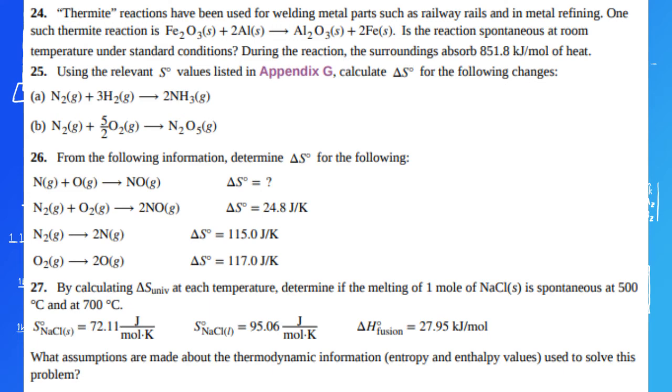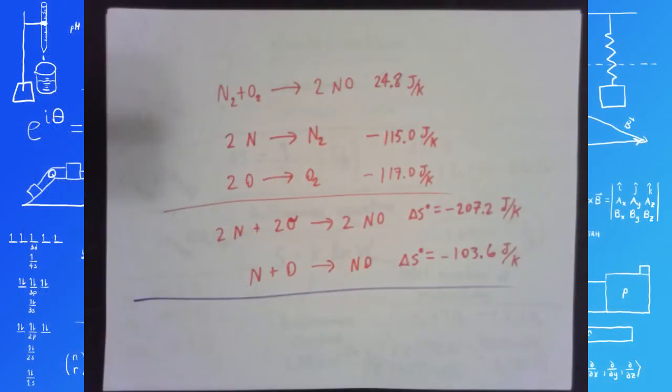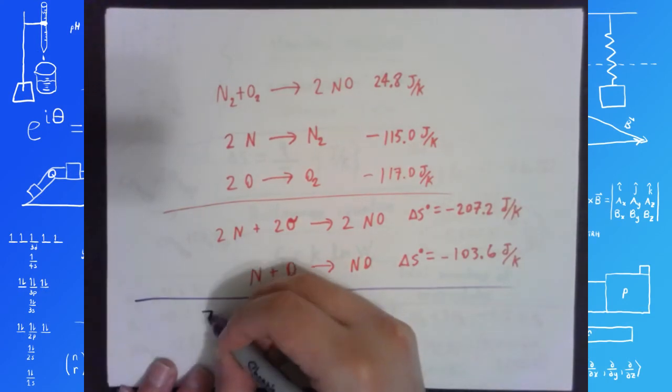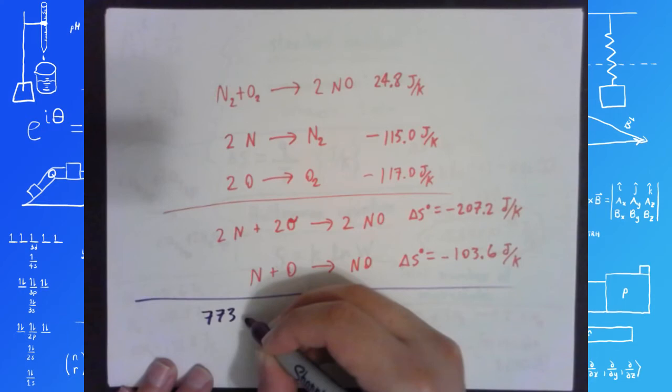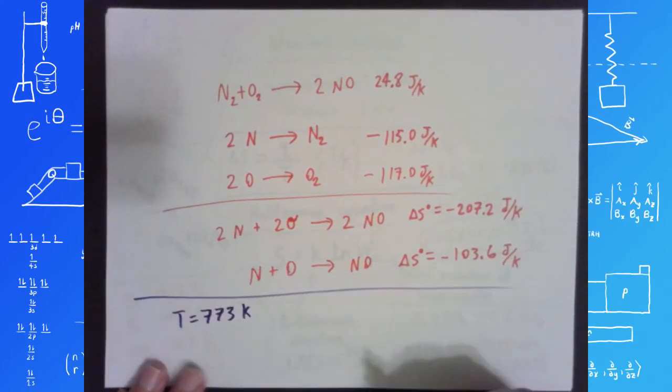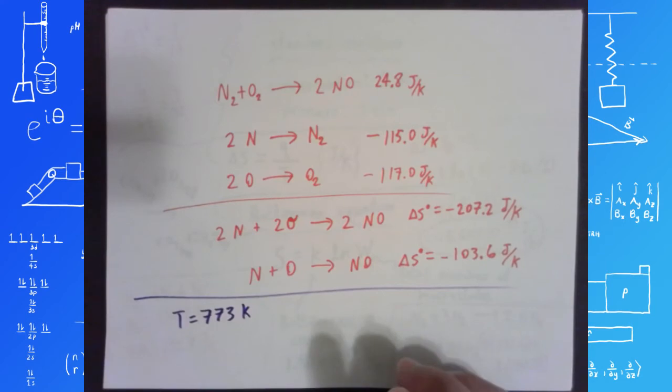Let's do 500 Celsius. So 500 Celsius is the same as 773 kelvins. Okay, then they said S for solid sodium chloride is 72.11, and for liquid it's 95.06.